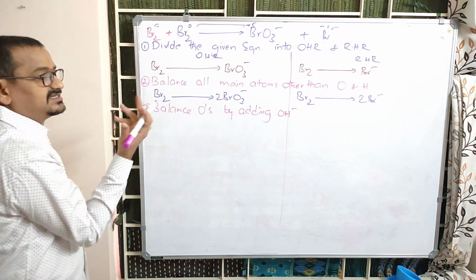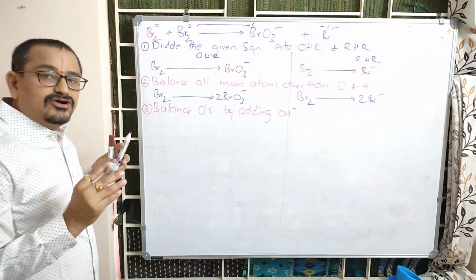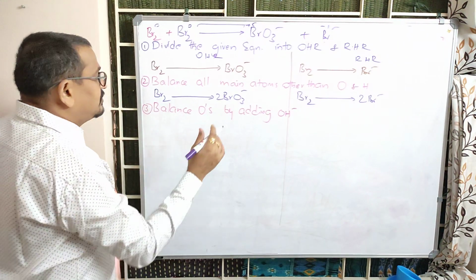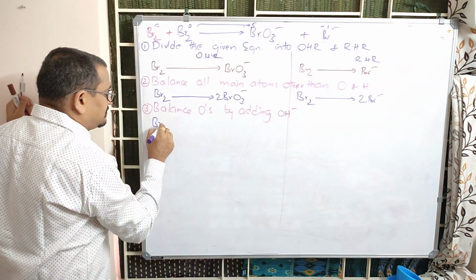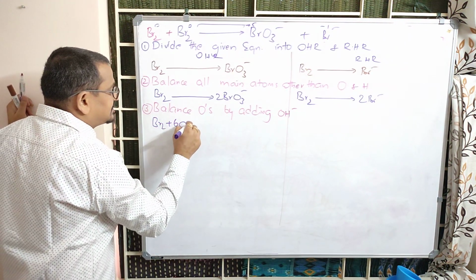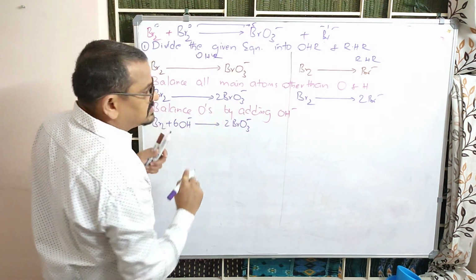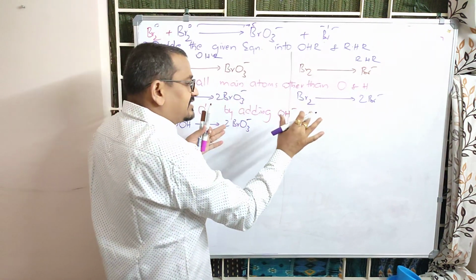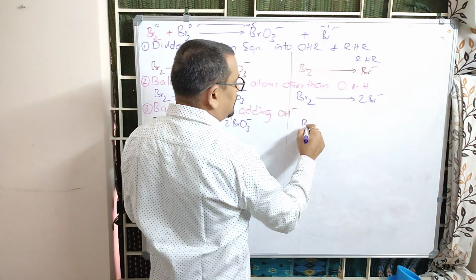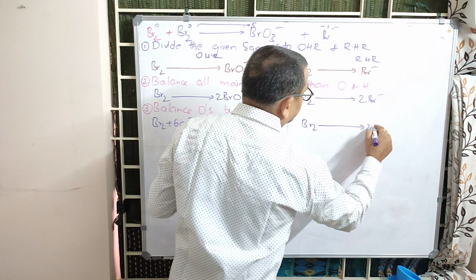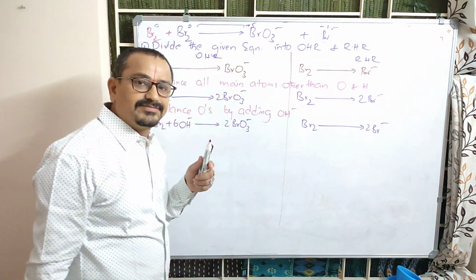This side no oxygens. Then to make them equal, what we have to do? Add OH minus. Br2 plus 6 OH minus gives rise to 2 moles of BrO3 minus. When it comes to this one, no oxygens, so no need to balance. Write the same equation as it is.